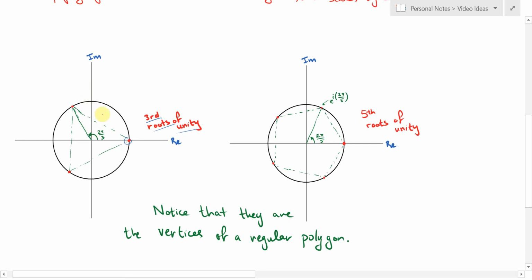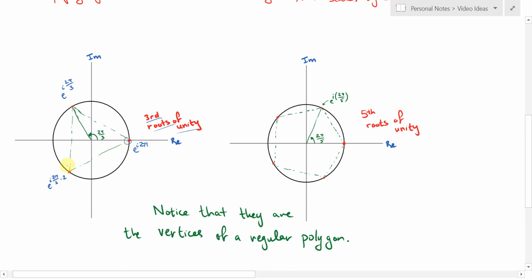These are the numbers, for example, this would be e to the i 2 pi over 3. And this would be e to the i 2 pi over 3 times 2. And then once you multiply it by 3, e to the i 2 pi over 3 times 3 would just be e to the i 2 pi, which of course takes you back to 1.